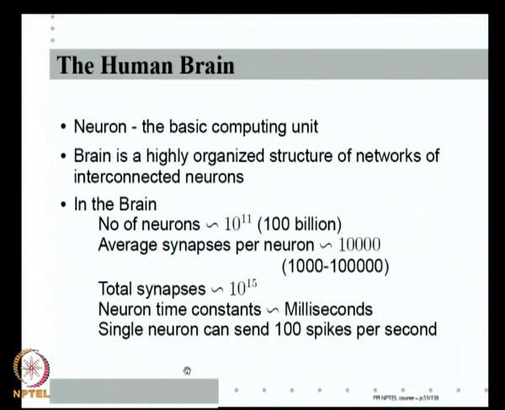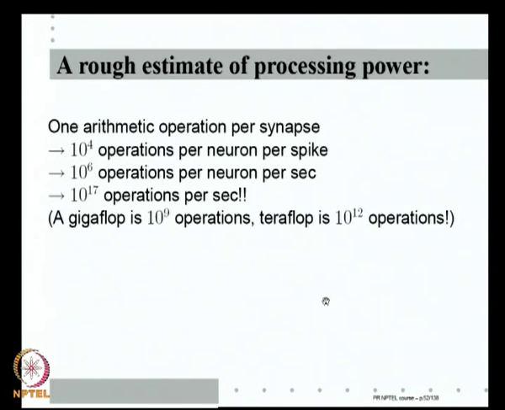Okay. Because it is a highly organized structure of networks of neurons, it is not just any arbitrary network. But not bothering about that, just looking at the basic structural connectivity, okay, we can do some simple rough estimates.